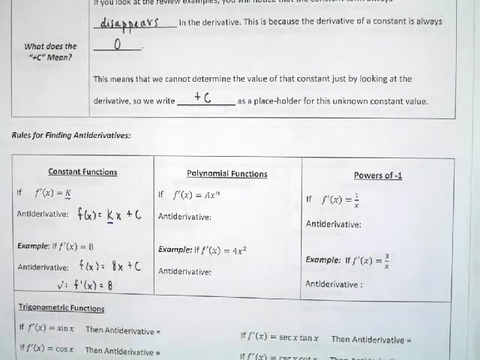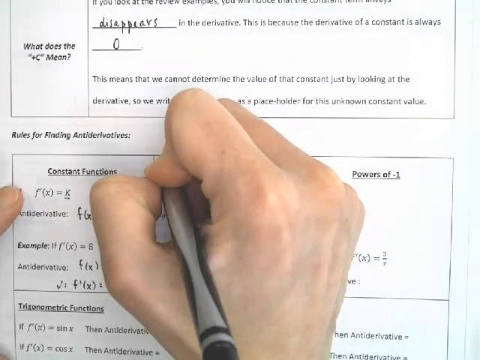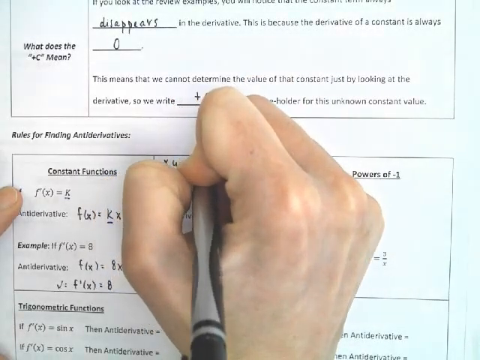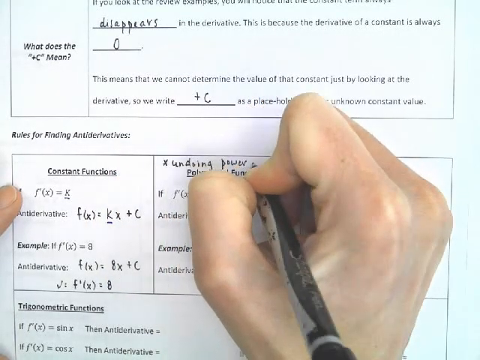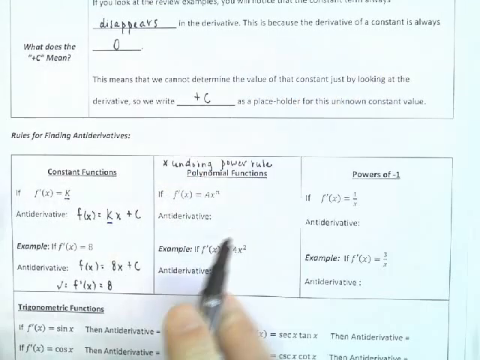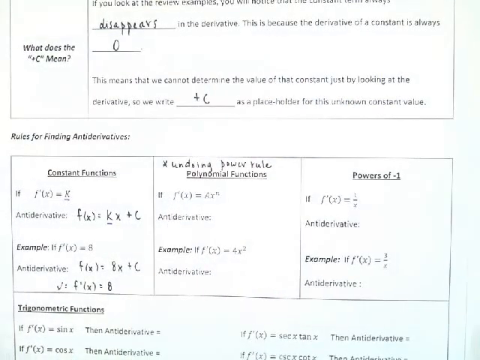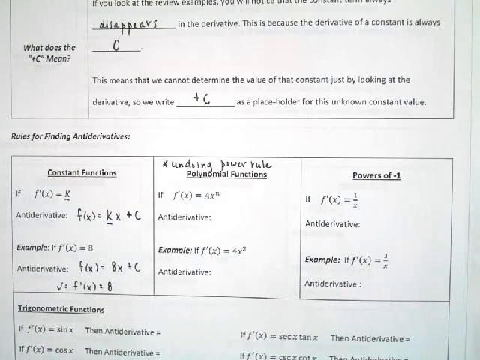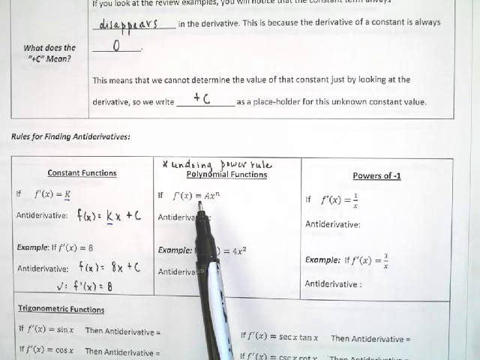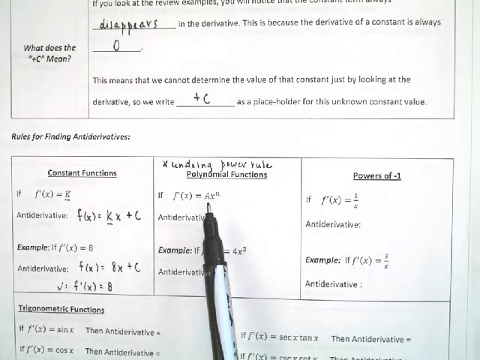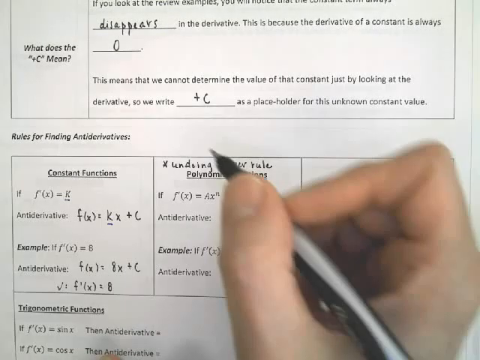Okay, for polynomial functions, the big idea here is that we're just undoing the power rule. So let's say I have a derivative f prime of x equals a times x to the n. Let's think of what we would have to do. When we take the derivative, we subtract 1 from the exponent, and then we multiply our coefficient by that exponent. So I have to undo that, so I'm going to go backwards.